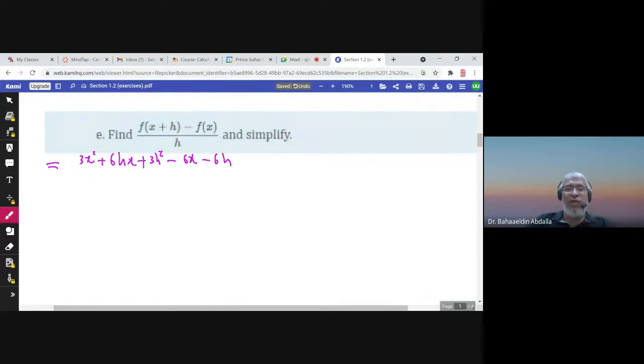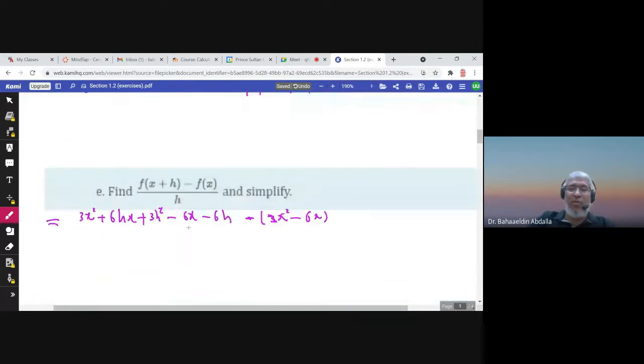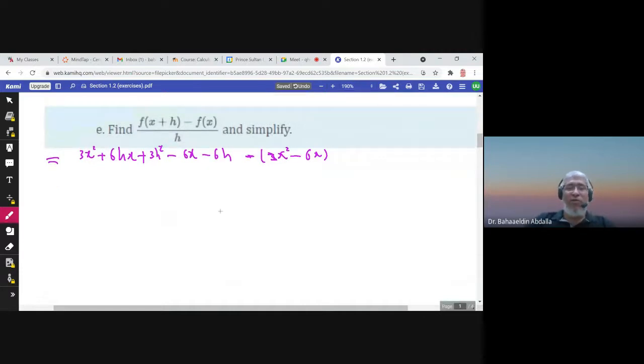This is f of x plus h, minus f of x. What is f of x? 3x squared minus 6x. By definition, this is f of x. All of this over h. So I have 3x squared plus 6hx plus 3h squared minus 6x minus 6h.